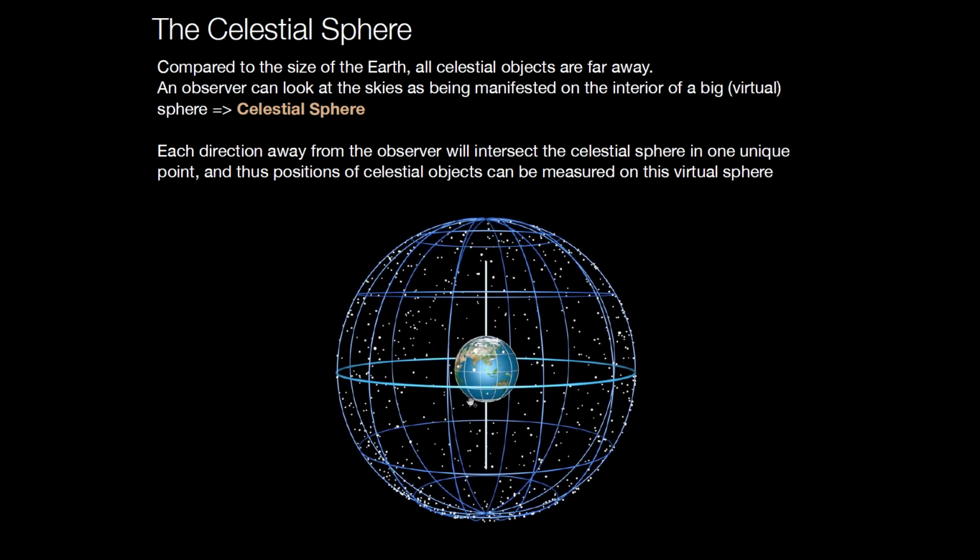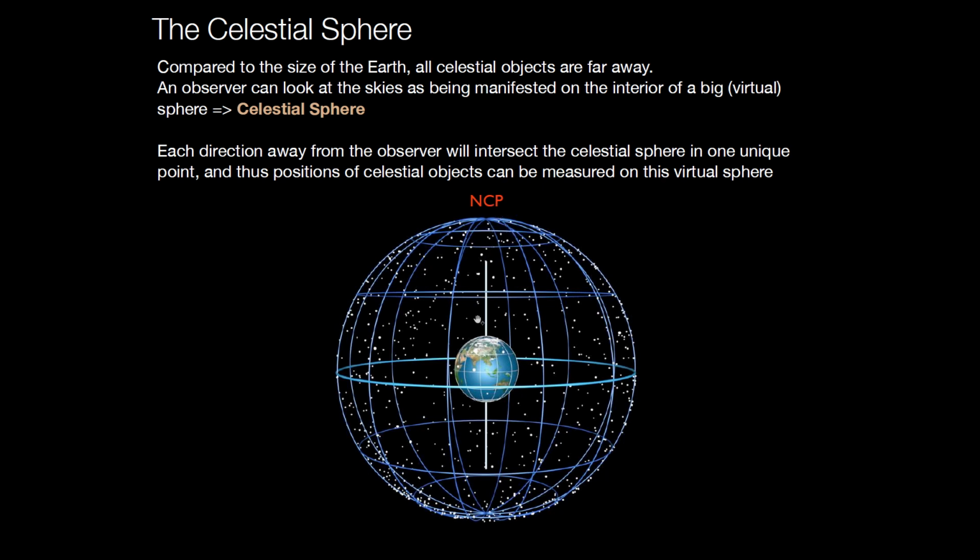And then you can have a coordinate system on that sphere, which is very similar to the latitude and longitude coordinate system that we have on the planet Earth. So there's the Earth there with the lines of latitude and longitude on it. There's the axis of rotation of the Earth.